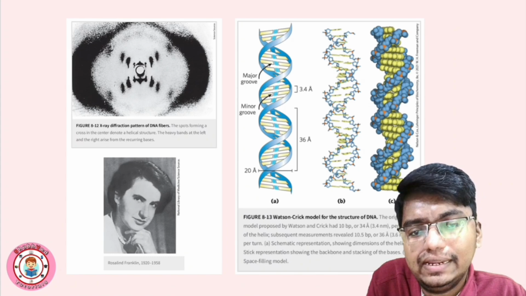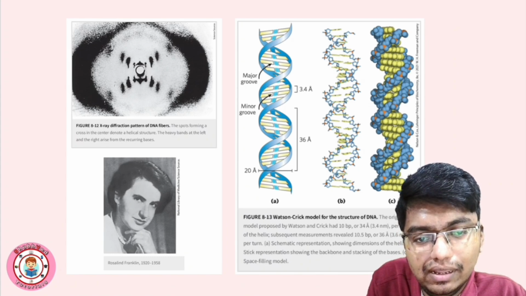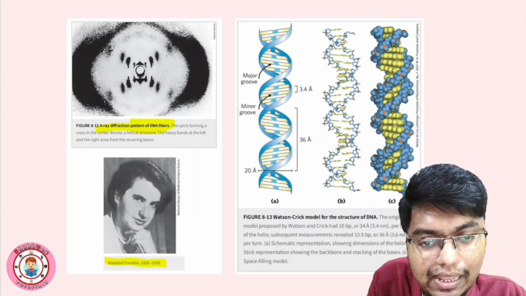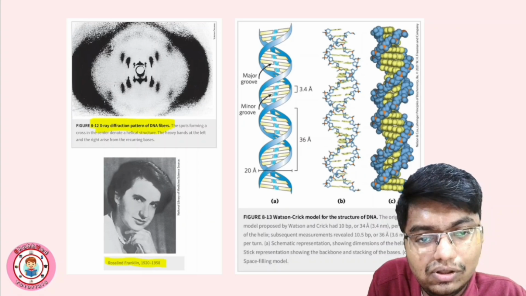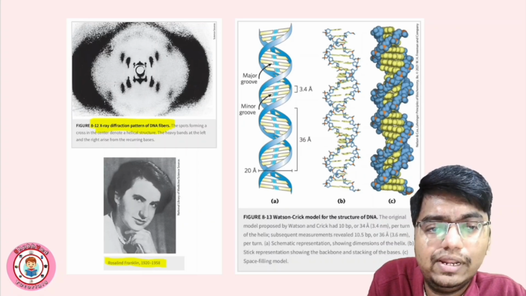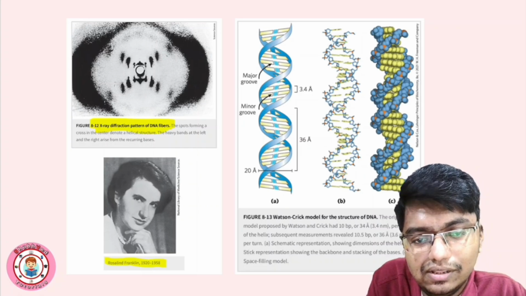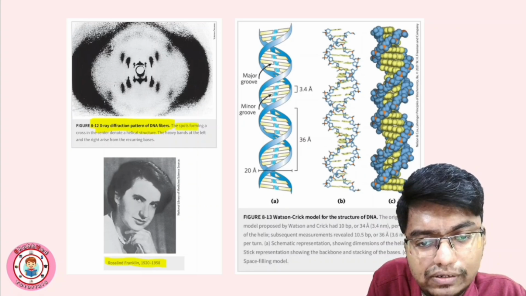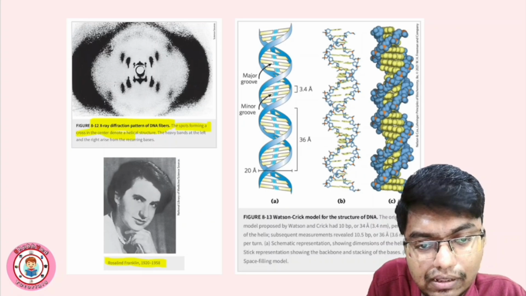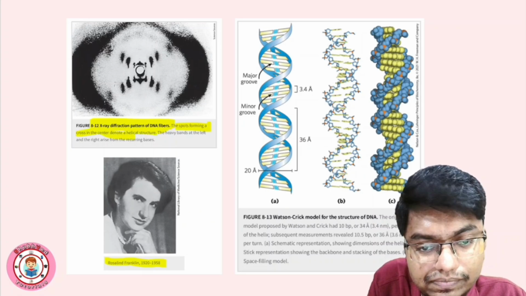So before Watson and Crick, Rosalind Franklin used X-ray diffraction pattern, showing that double helix is the structure of DNA. Okay, this is also very important information. So the spots forming a cross in the center denote a helical structure.